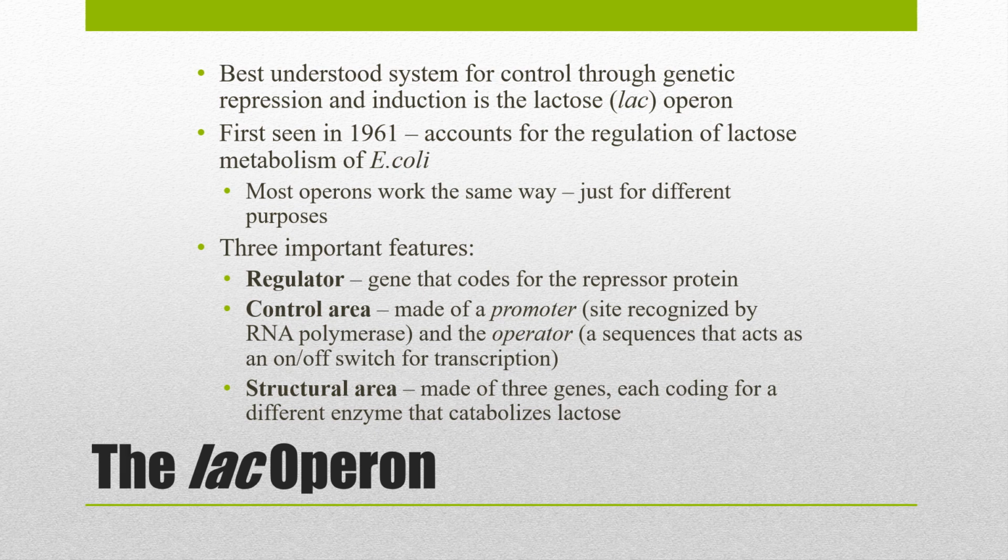If the regulator allows for the control area to go ahead, then that third area is going to go ahead and make those enzymes that allow the E. coli to break down lactose. But again, this is kind of a backup system for if glucose is not available for the E. coli to break down.